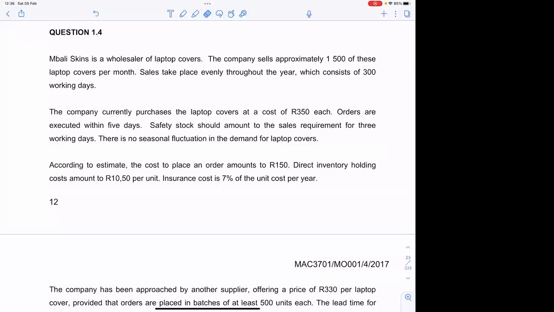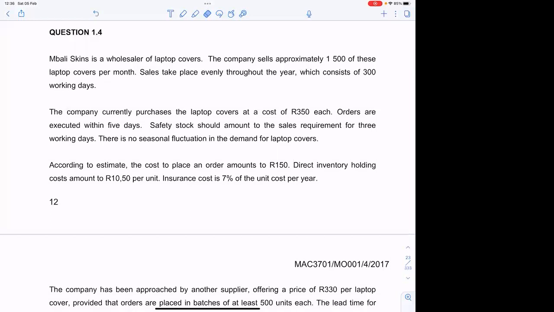That is the reason why I gave you the steps to follow. If I'm calculating my EOQ, I have to make sure that I have the annual demand times the cost per order divided by the holding cost, and the holding cost is the direct holding cost, which increases with the level of activity.